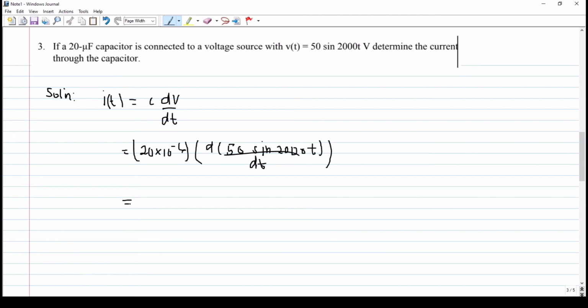So therefore, this is 20 times 10 to the power negative 6. Okay. So 50 times 2000.